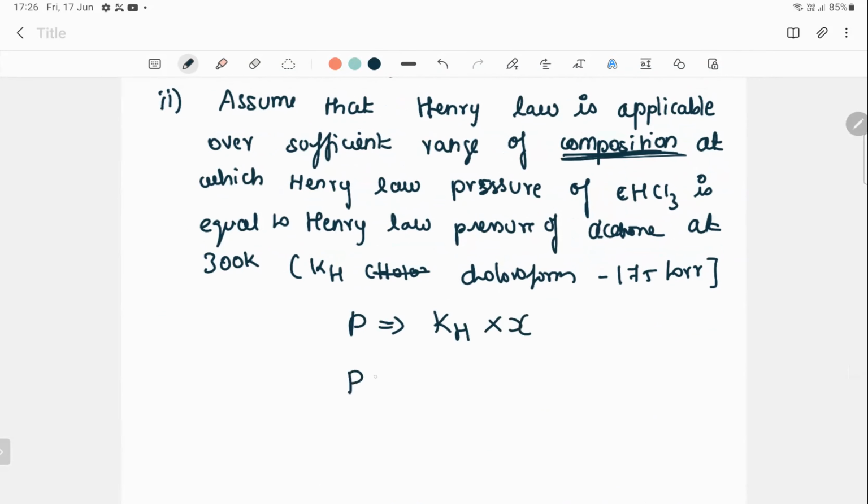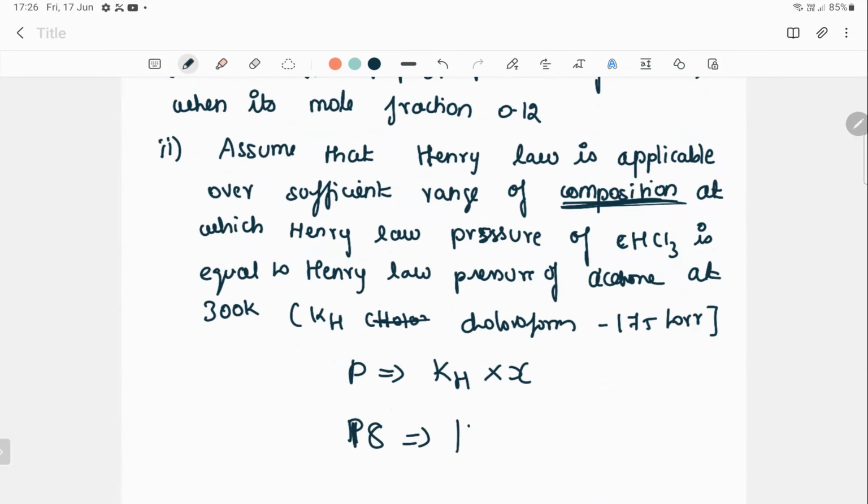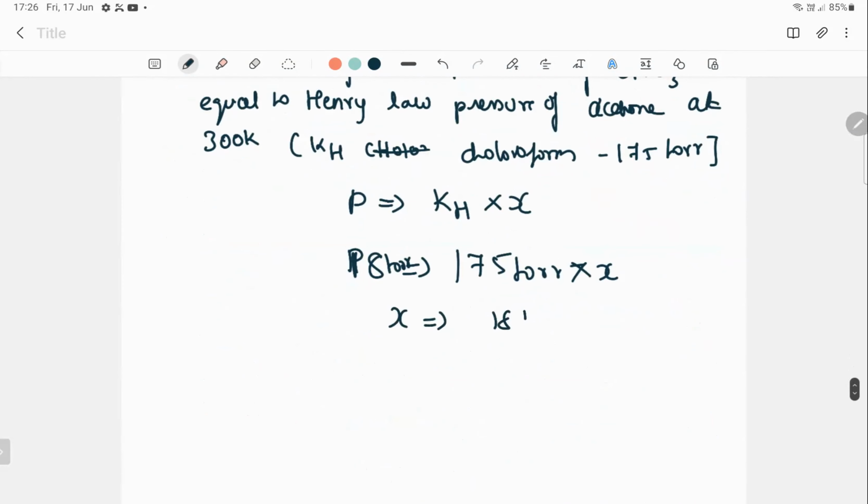Here the partial pressure of acetone is 18, correct? KH they have given as 175 torr. So there also you will have 18 torr equal to KH into X. So X is equal to 18 torr divided by 175 torr.